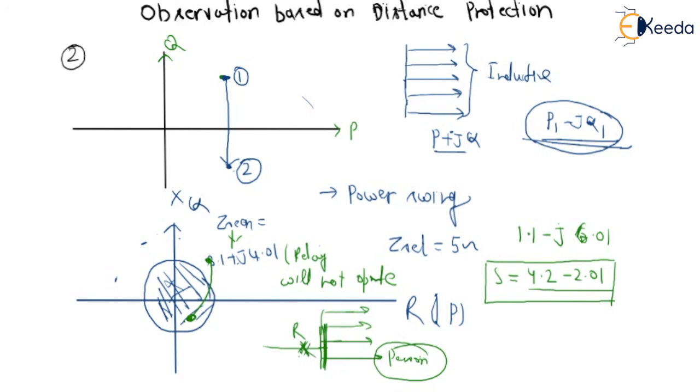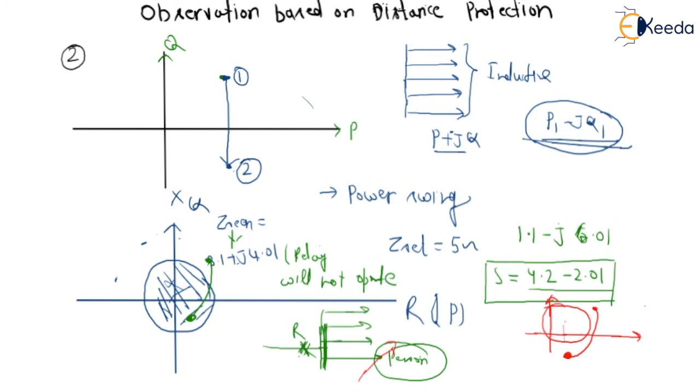What happens in the Mho relay? In case of the Mho relay, more area is intentionally diverted to the first quadrant. Let us assume we have a point outside this circle. It means the relay will not operate because it is in the non-operating zone. If the load changes, the point will move to here, but still you can see it is in the non-operating zone, so the relay will not operate.